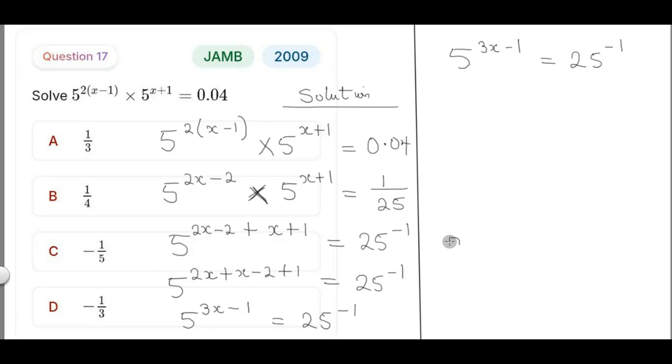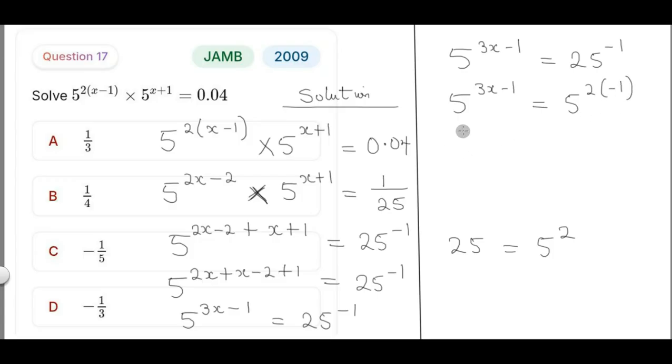You should know that 25 in index form can be written as 5 raised to the power of 2. So instead of writing 25, I will put the index form there, which is 5 raised to the power of 2, and I have a minus 1 there before, so I'll put that minus 1 as well.